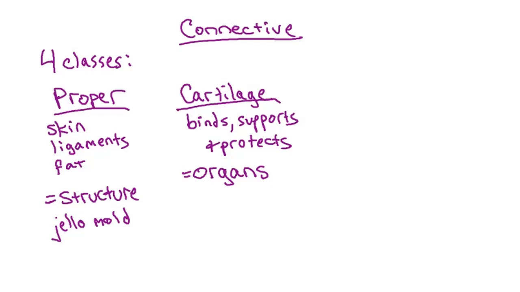You can think of cartilage as connecting the ribs to the sternum. There's cartilage in between the ribs, there's cartilage in your knees, there's cartilage in a lot of joints. So that would be supporting and protecting, and the binding would be when it binds the ribs to your sternum.